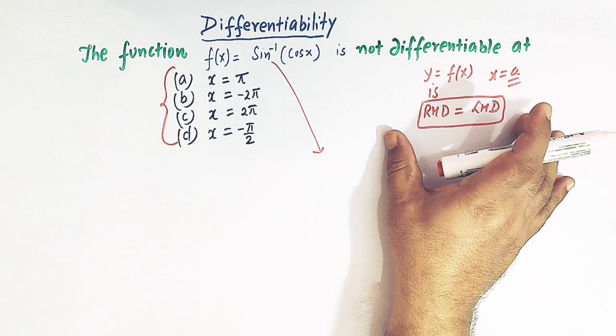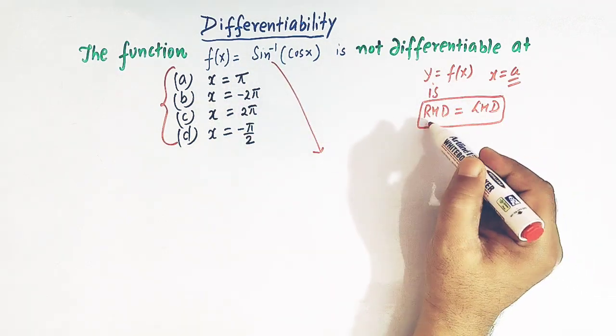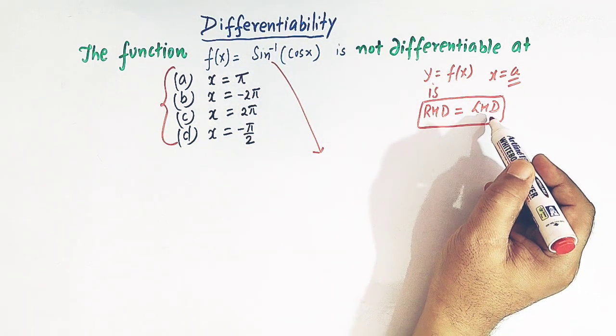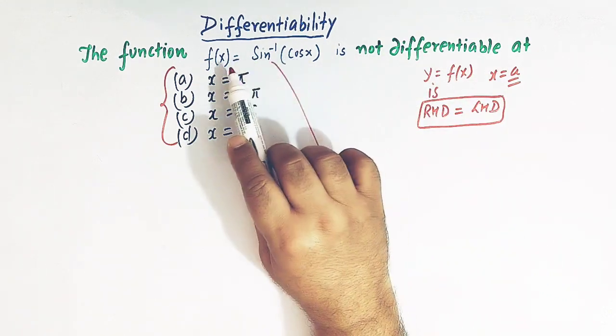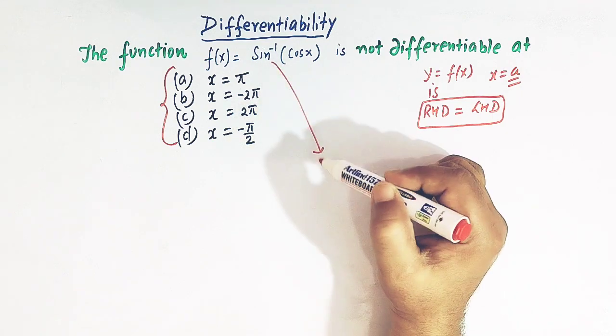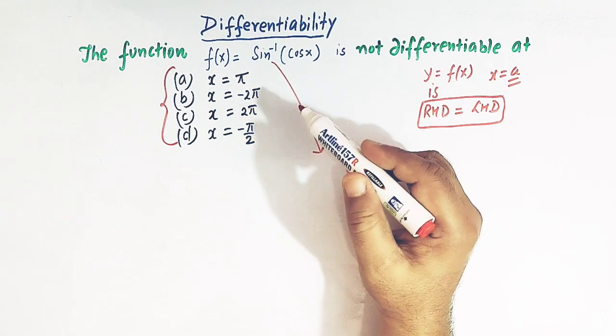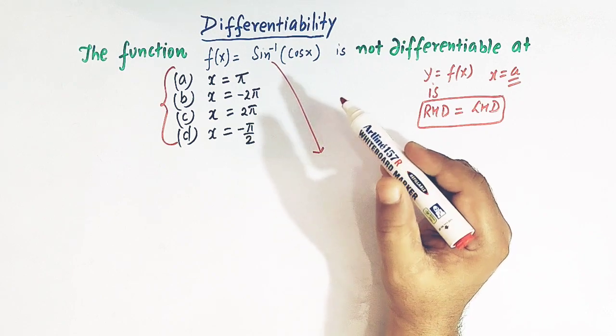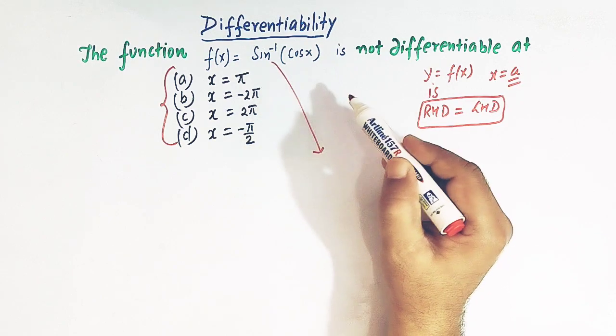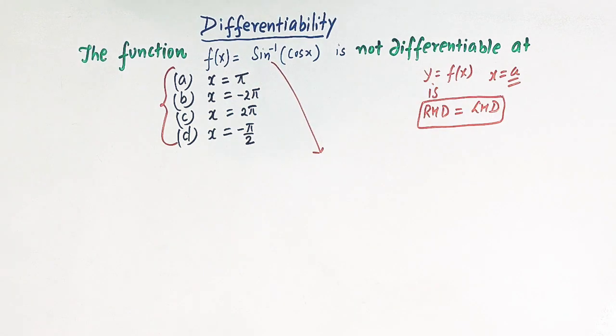Here we are not going to use the concept of right hand derivative and left hand derivative. Rather we will straight away find the derivative with respect to x, and then by applying some algebraic manipulations we can see the points at which this function is not differentiable.